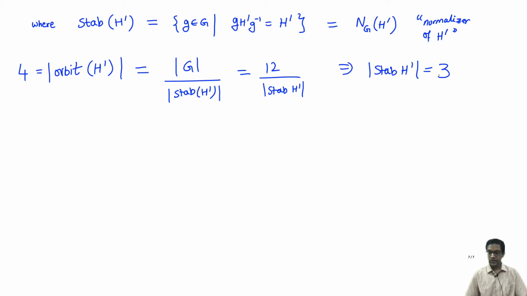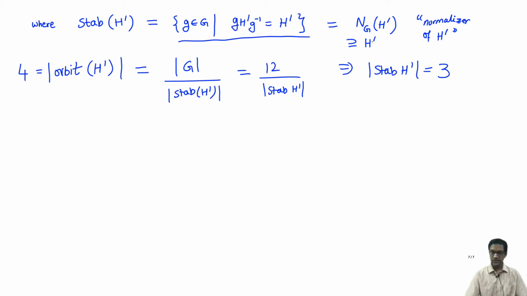But here's the important observation. From the definition, it's all those elements which when you conjugate H prime, they give you back H prime. This certainly contains H prime. If I take g to be an element of H prime and I conjugate by that element g, of course the answer will lie again in H prime. So the normalizer of a subgroup certainly contains the subgroup itself.